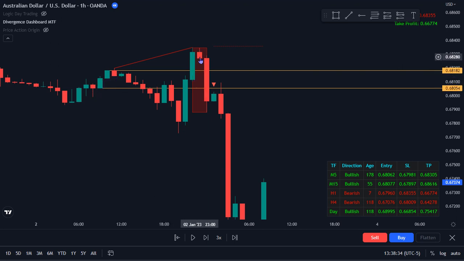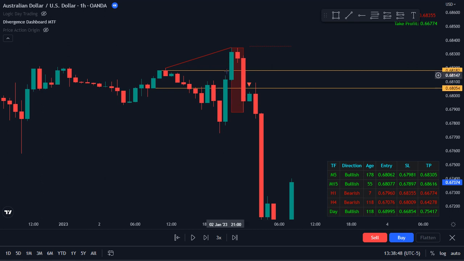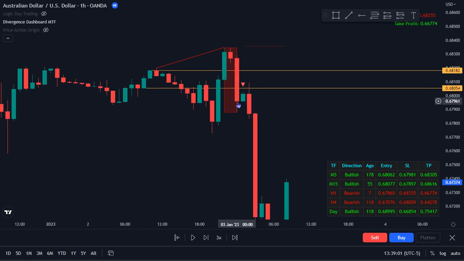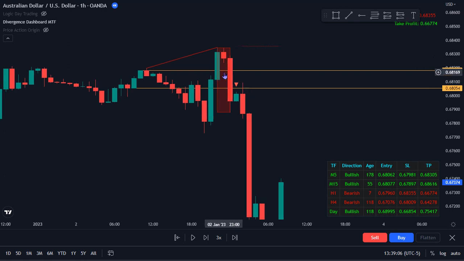If the Divergence Dashboard is helping me find that this is manipulation, where is the actual supply or demand zone that is in control and in play? It just needs to get back in sync with it. This is a great example here. You typically want to wait for price to close below the zone and then come back into it. This is perfect because right as this candle closes, we have that, and the Divergence Dashboard is coming into play.